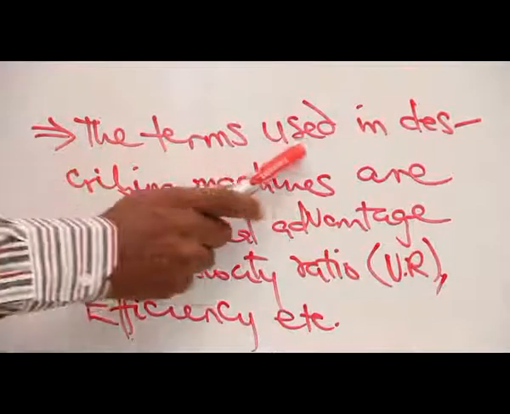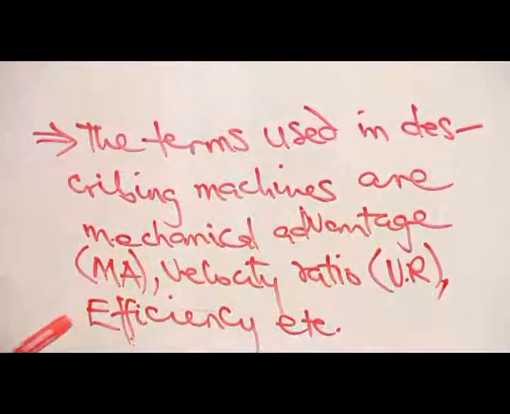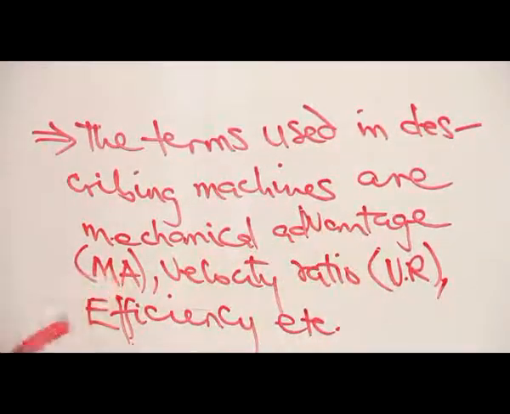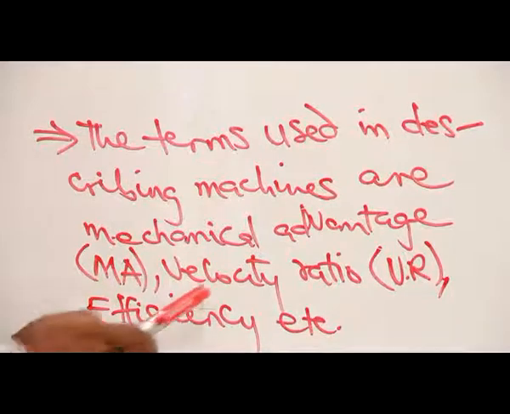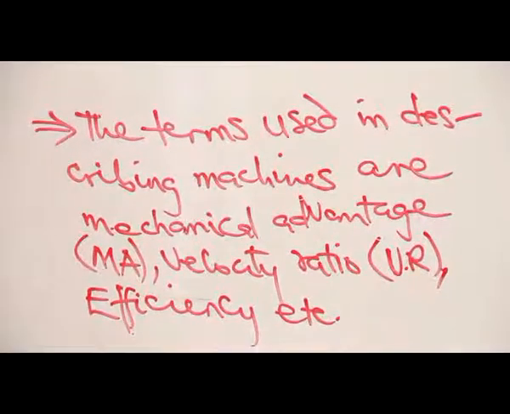The terms used in describing machines are mechanical advantage, MA in short, velocity ratio, VR, and efficiency.